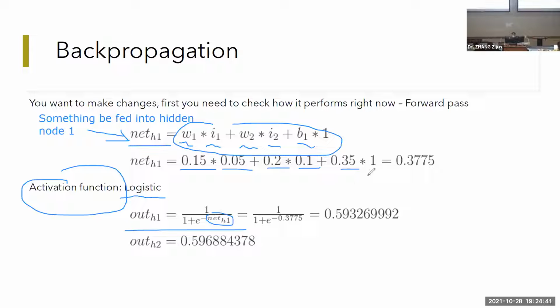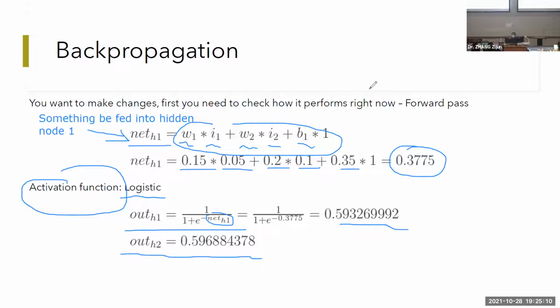Then we take this net H1, which is something to be fed into the hidden node 1, and we get the output here. And we do the same thing for the hidden node 2, and we got its output, 0.5968.